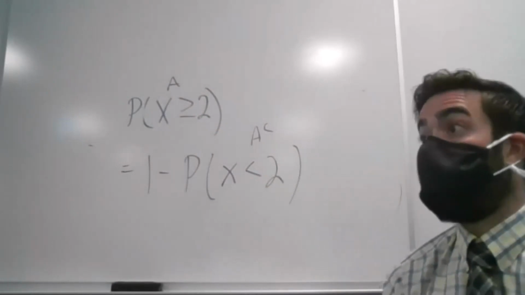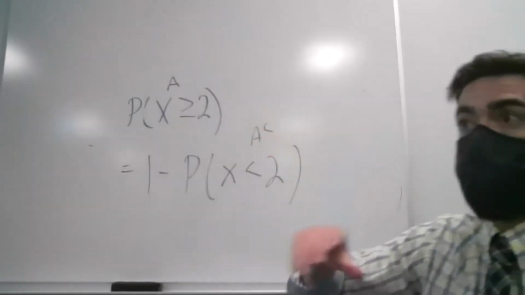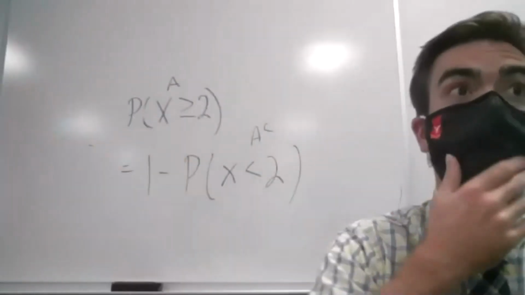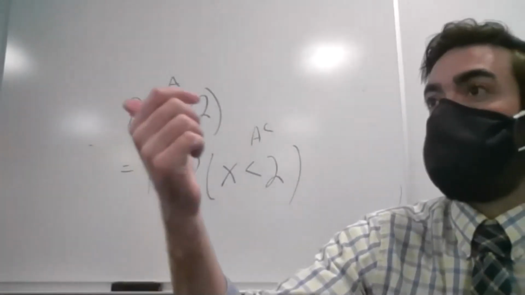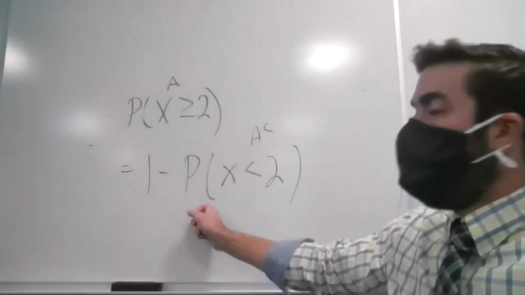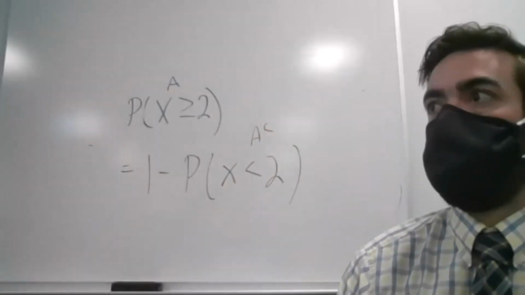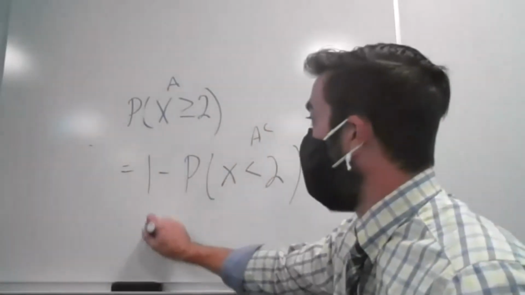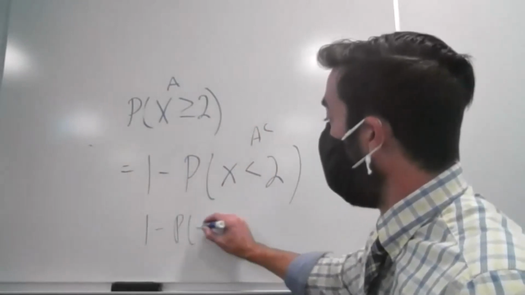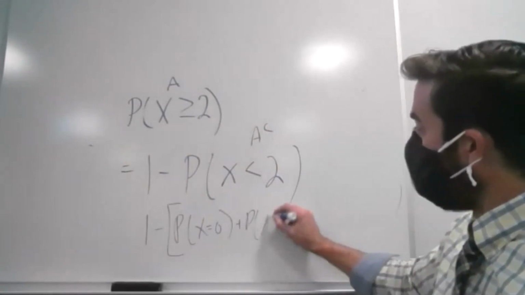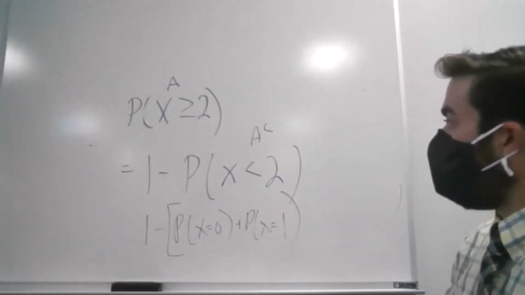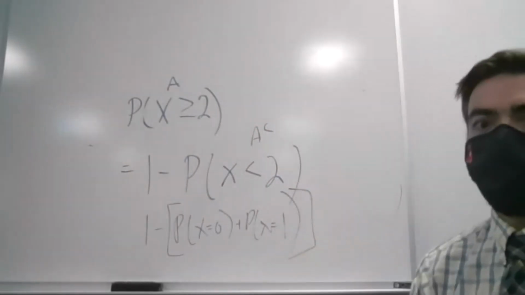So it can save me a lot of time, especially when I have examples like this where I'm looking for greater than or equal to, going from a small number to a really, really large number. If I just rewrite that as 1 minus the complement, that's a lot more manageable, right? So you almost think about this as 1 minus the probability x is equal to 0 plus the probability x is equal to 1. Okay.